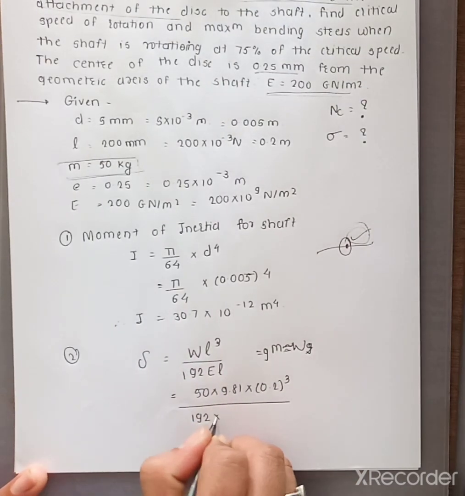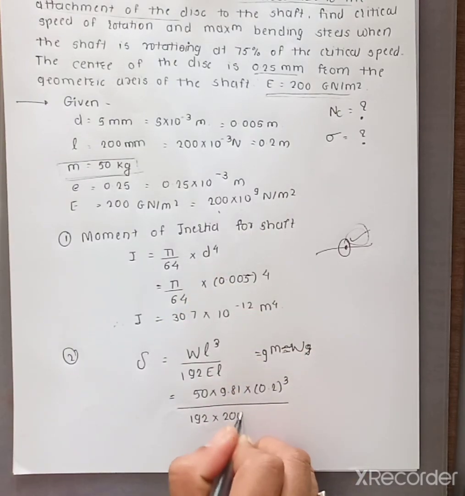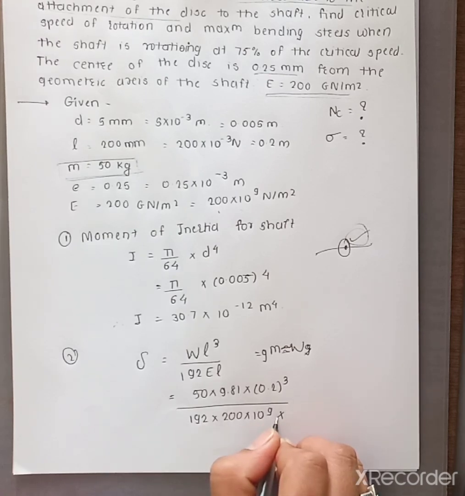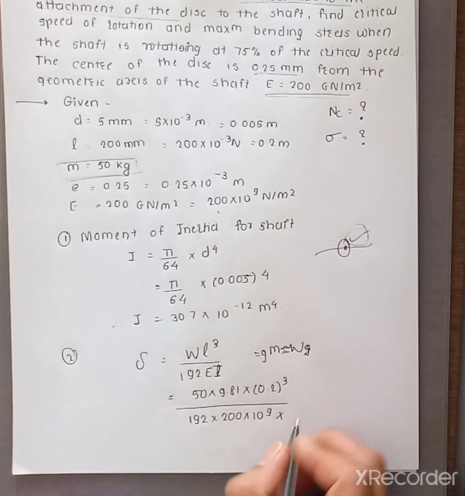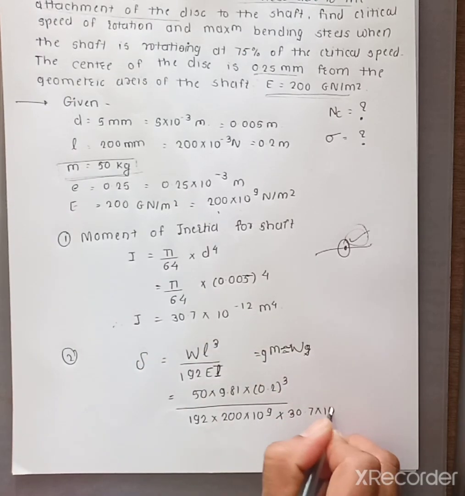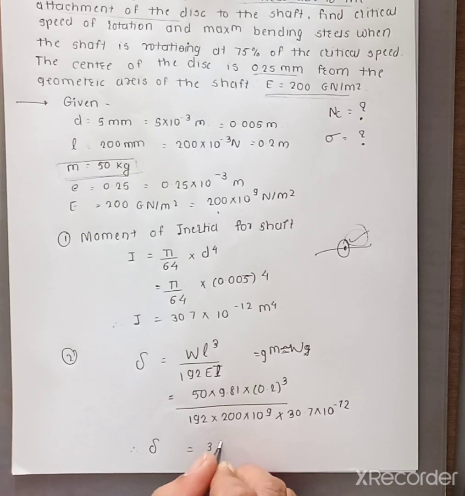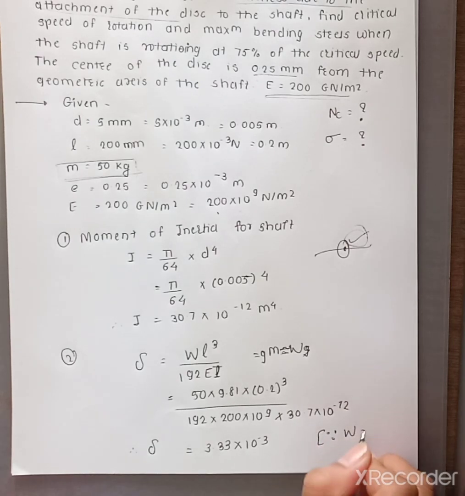E is 200 into 10 raised to 9, into the value of I, which is 30.7 into 10 raised to minus 12. Therefore the value of static deflection is 3.33 into 10 raised to minus 3. Here we used W is equal to mg.